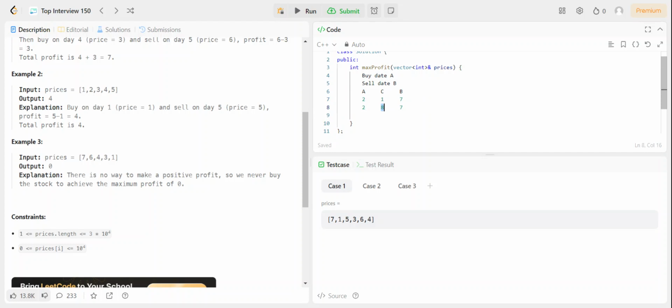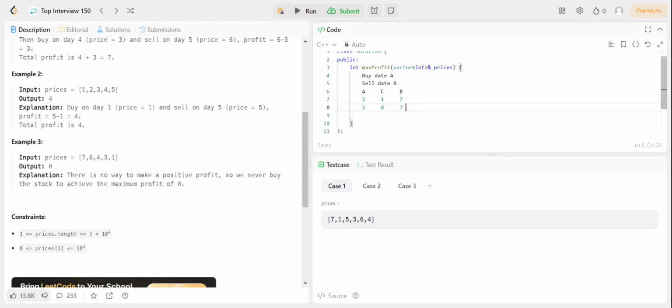So we sell the stock on day C, and day B becomes irrelevant. Or instead, it's not really irrelevant, but it's like a potential buy date for a profit that we can make on another day D far, far away where the price is like 10 or something. Because we can make a profit with day B, so we don't need to throw day B away.